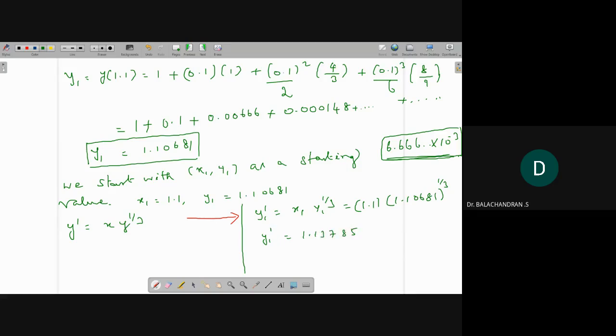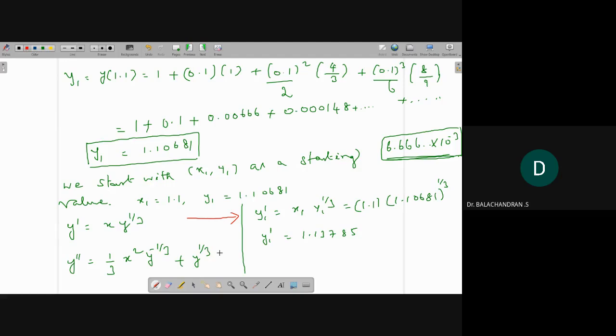Next, y double dash. I'll write it directly because we already calculated y double dash, that is 1 by 3 x square y power minus 1 by 3 plus y power 1 by 3.